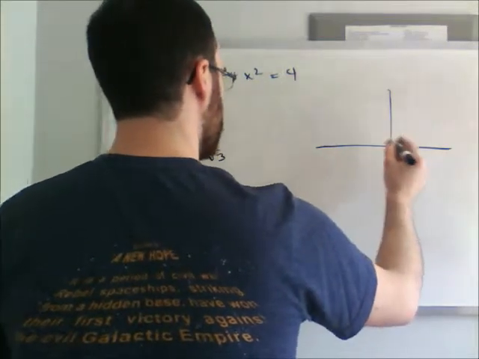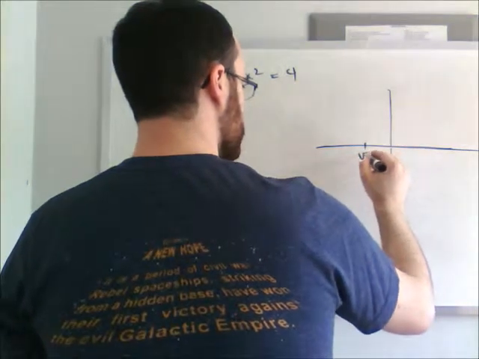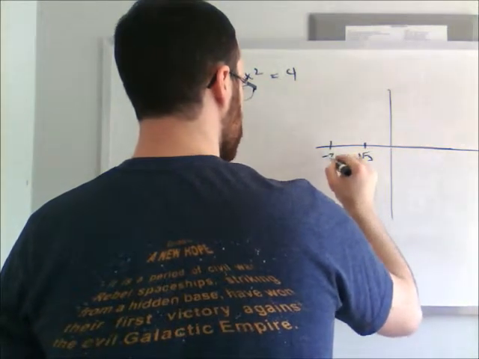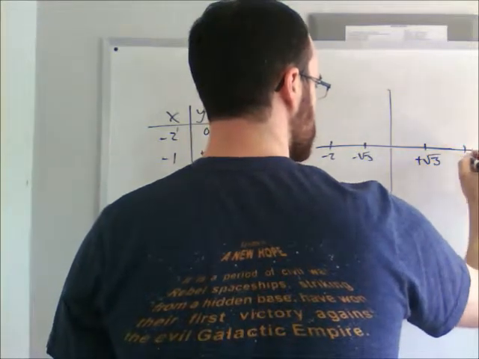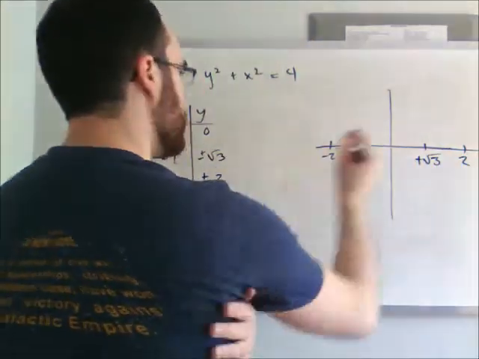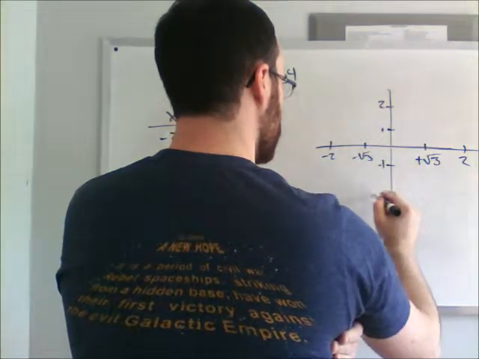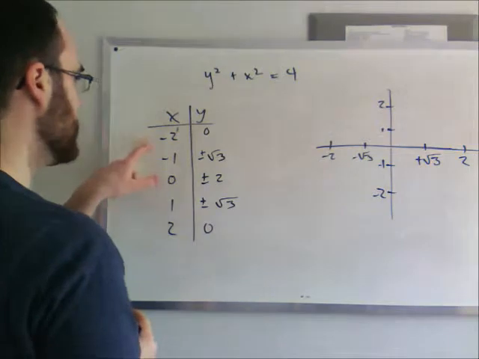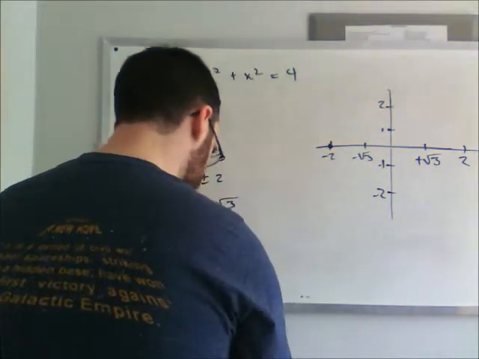So we have a few points here. Let's say this is 0, this is negative √3, and this is -2, and this is positive √3, and this is 2. And we'll plot our lines here, 1, 2, -1, -2. So when it's -2, we have 0 right here. I'm going to draw a different color marker.